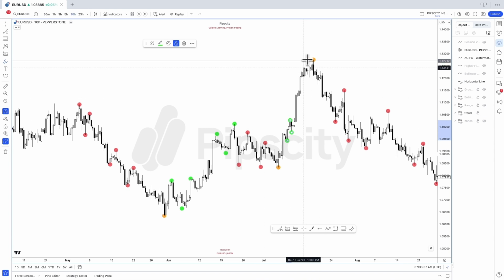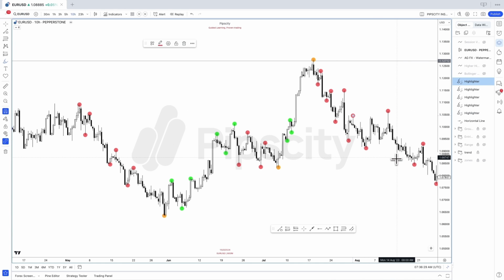So we see that happen. Market gave us this high, after which it started printing lows. From there, we had lower high, lower low, lower high, lower low, lower high, lower low. We had this lower high. This did not create a new low, so lower high, lower low.